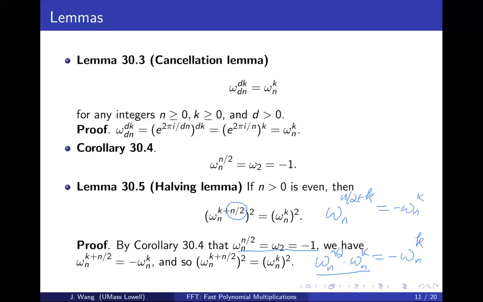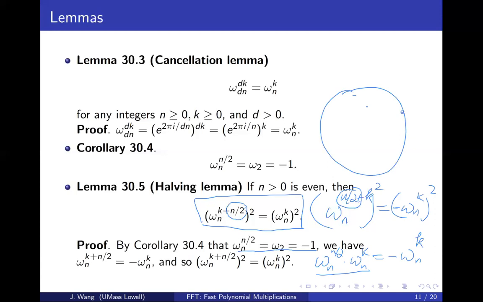So you take a square at both sides, then this negative becomes positive. So that's what we have here, halving. So under square, we can get rid of this n over 2 things. So geometrically, it means under square. If you have, now this is a unit circle.